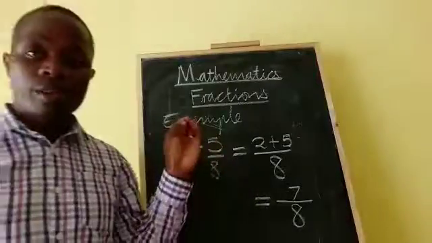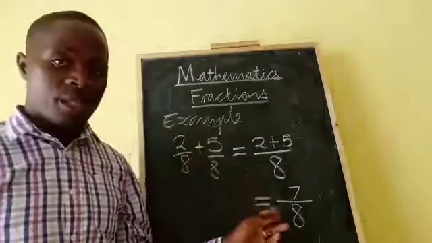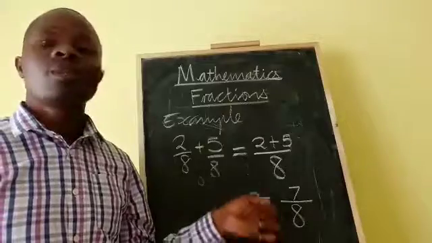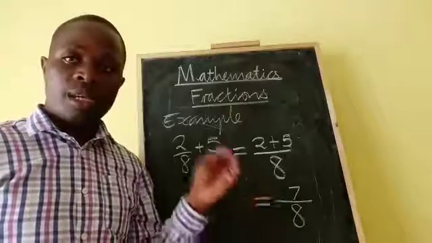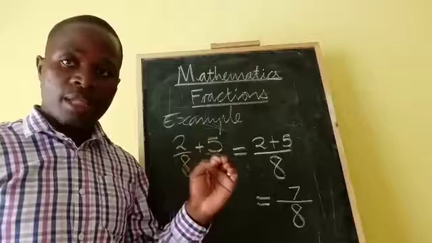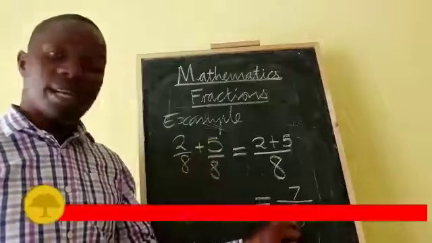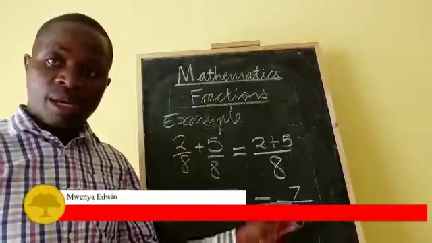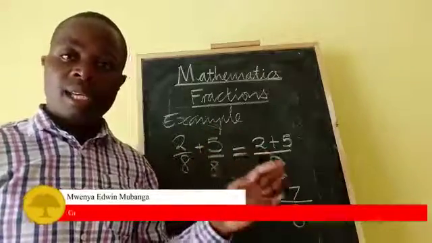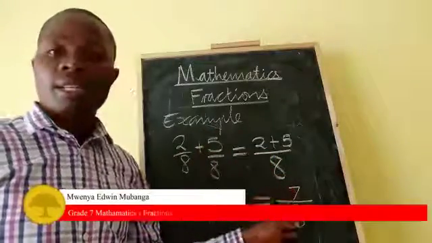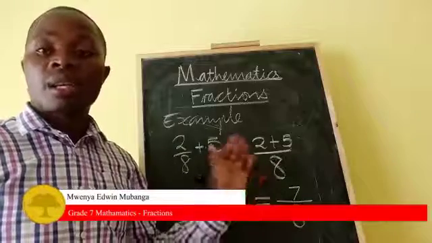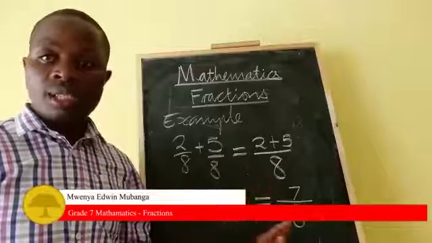Now, before you go any further after reaching this stage, you need to ask yourself, is there the HCF, that is the highest common factor, that can divide 7 and 8 without a remainder? If you find there is no number that can divide 7 and 8 without a remainder, then the question ends there.